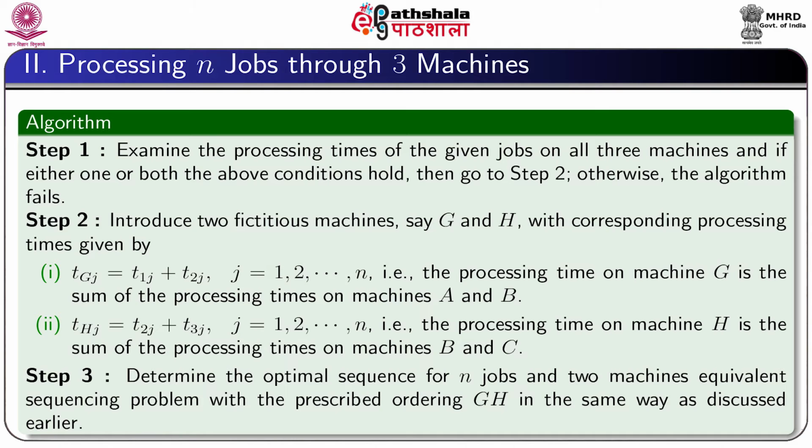That is, the processing time on machine H is the sum of the processing times on machines B and C. Step 3, determine the optimal sequence for n jobs and 2 machines equivalent sequencing problem with the prescribed ordering G H in the same way as discussed earlier.